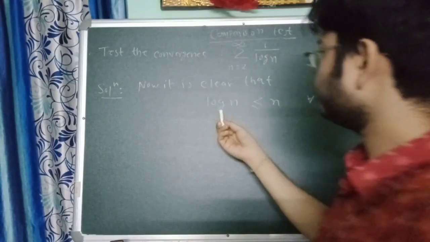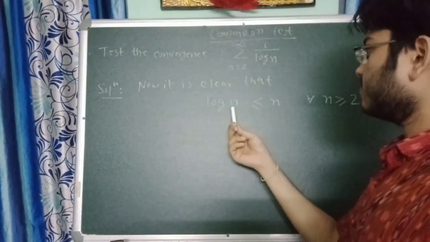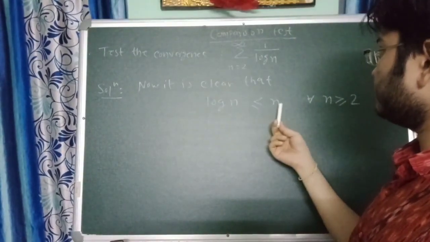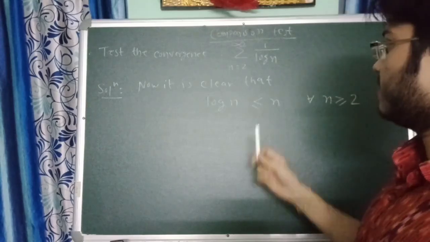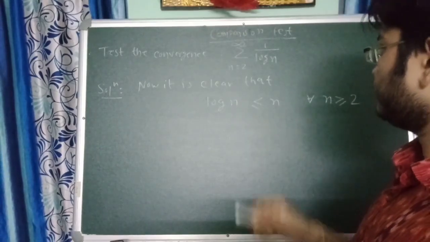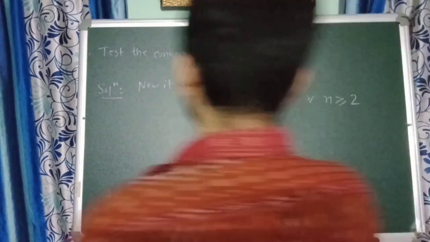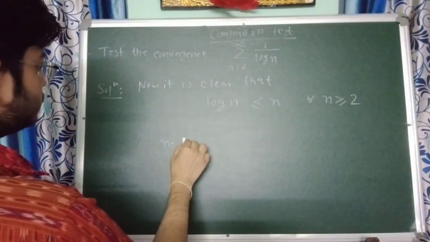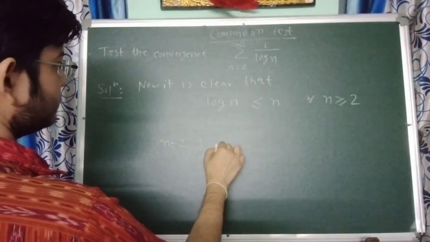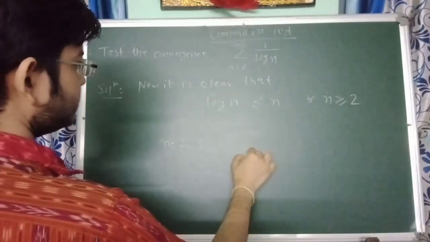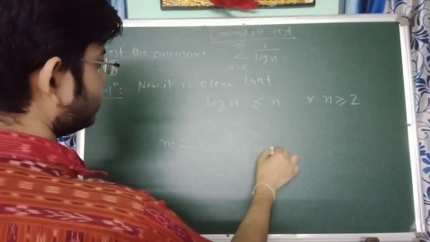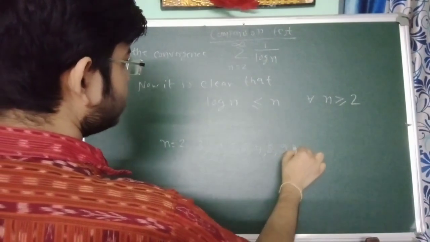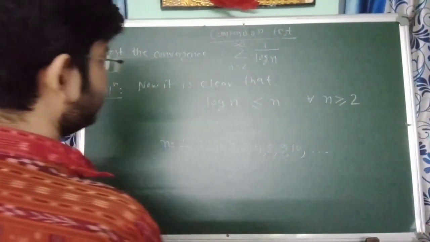This we know. You put some values of n, n equals 2, 3, 4, 5, 6, 7, 8, 9, 10 and so on.